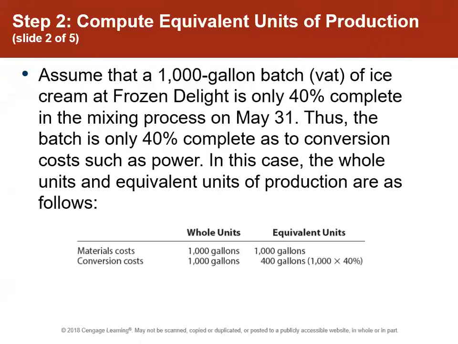So we had materials, we had 1,000 gallons. So materials equivalent units are 1,000. Materials are always 100% complete. Conversion costs, they told us, were 40% complete. So we take 1,000 gallons times 40%. So the equivalent units, or how much we could have made with all the labor and overhead added in the period, is 400 gallons. So we do equivalent units of production to assign costs. Okay, that's the whole purpose here.